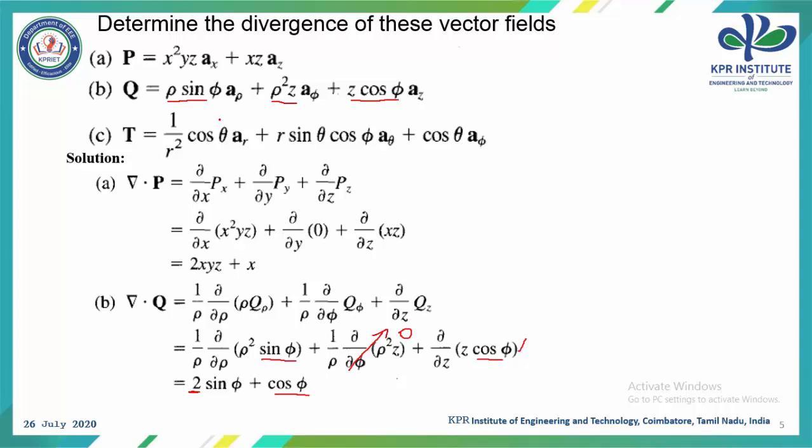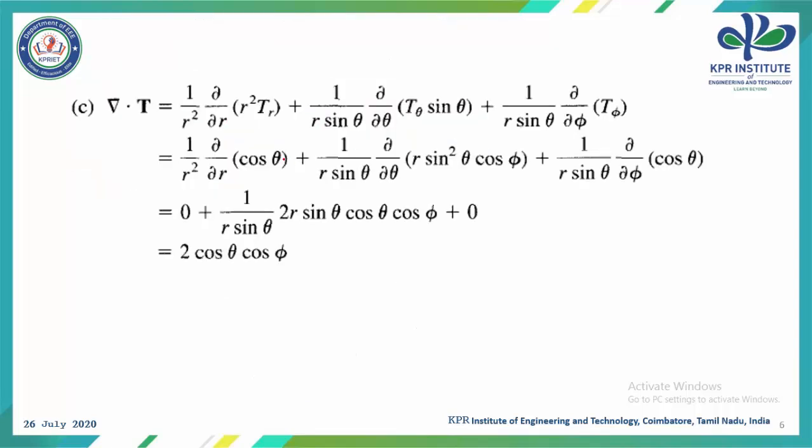Just go to here, this value is tr, this value is t theta and this value is t pi. Okay, just substitute it. Now you want to differentiate with respect to r, theta and pi.